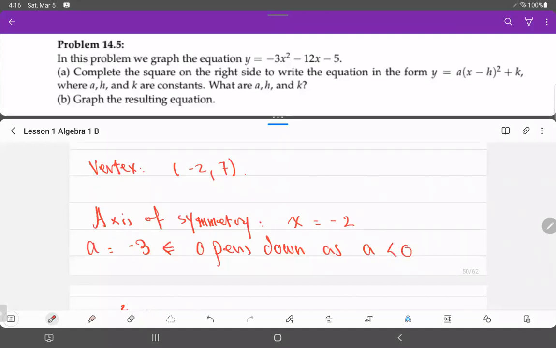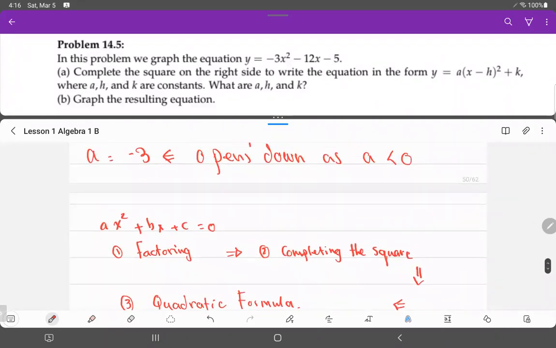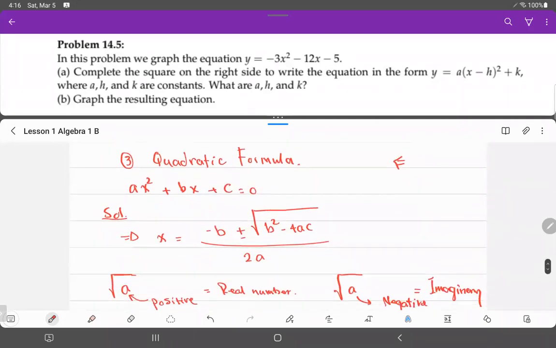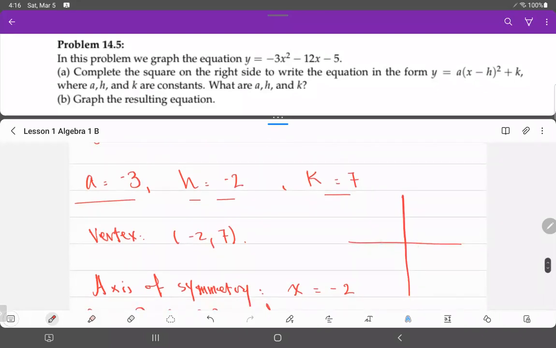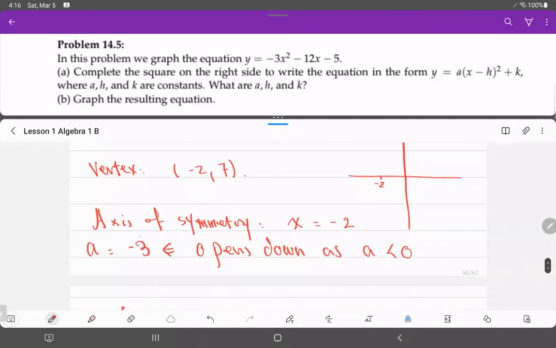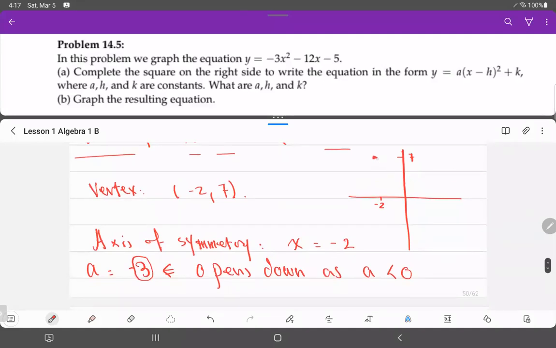So -2, +7, -2, -2, +7, something here. This is -2, this is 7. Opens down. This number is a 3. 3 means going to be narrow, kind of narrow.